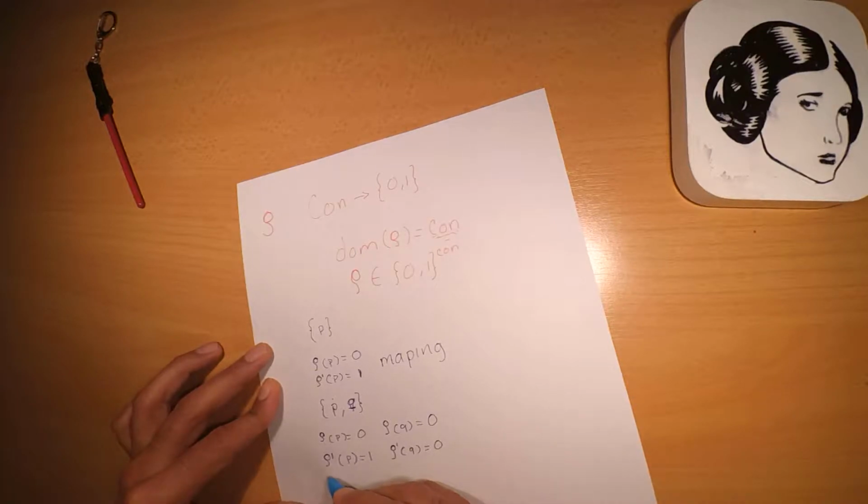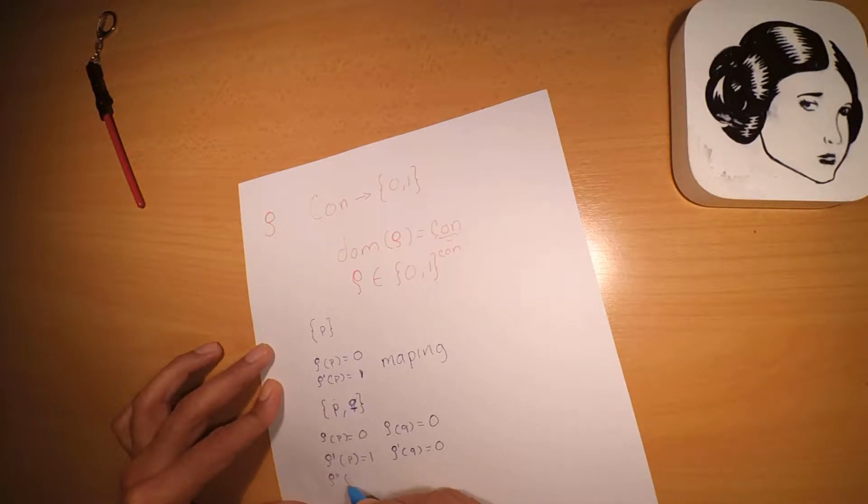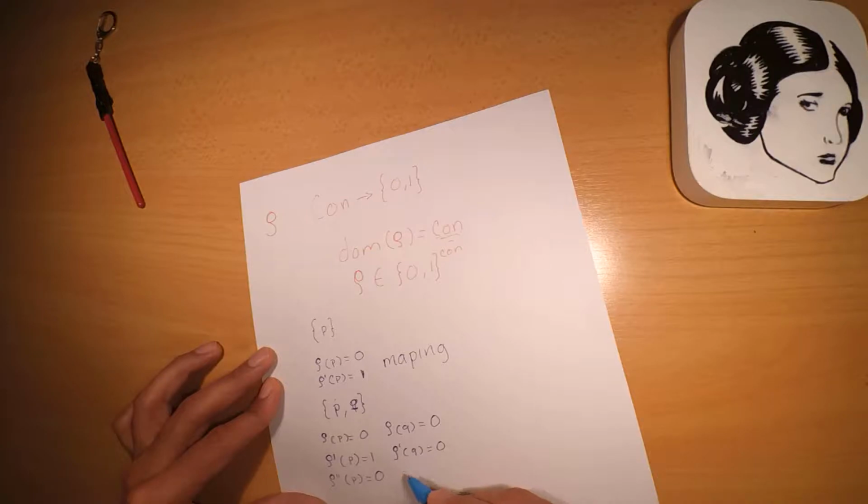But what about rho second? In rho second, p is going to have the value of 0, the opposite of here. But in this case, rho second of q is going to have the value of 1.